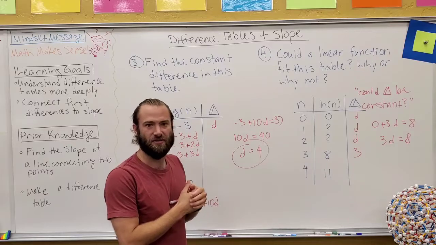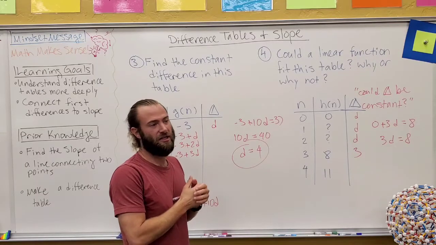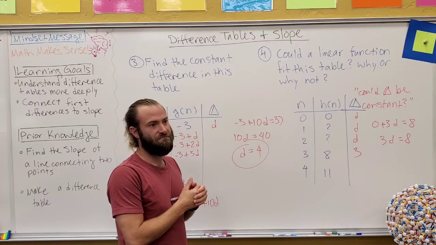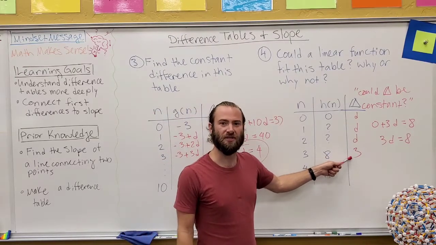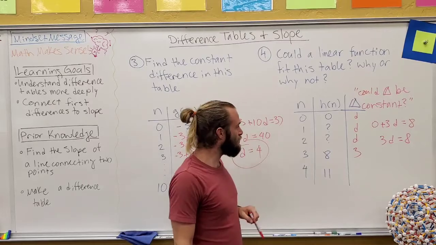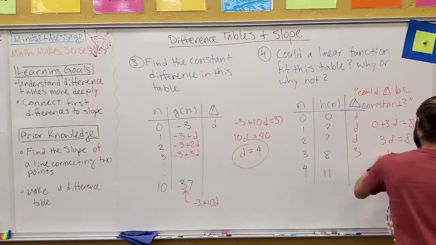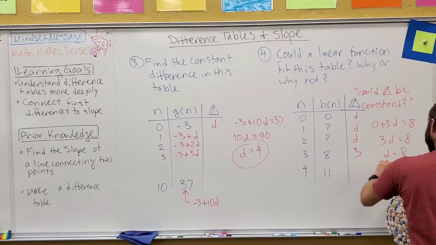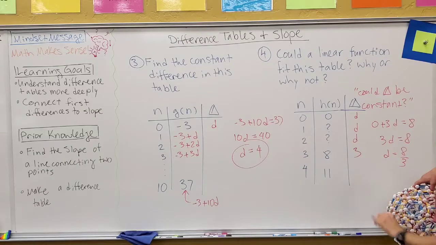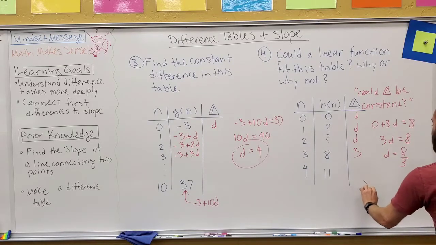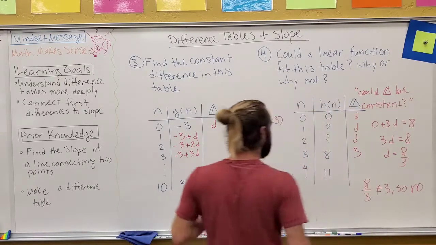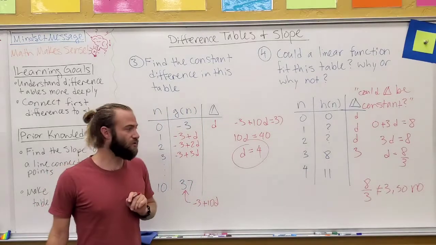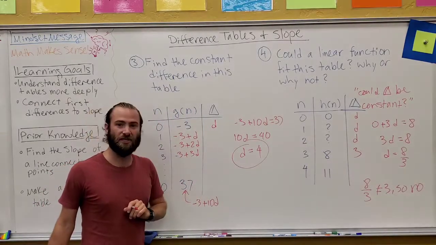It's 8/3, and 8/3 is close to a difference of 3, but not quite. So since 8/3 is not equal to 3, we have the conclusion that no, a linear function would not fit that table, because we need to have constant differences.